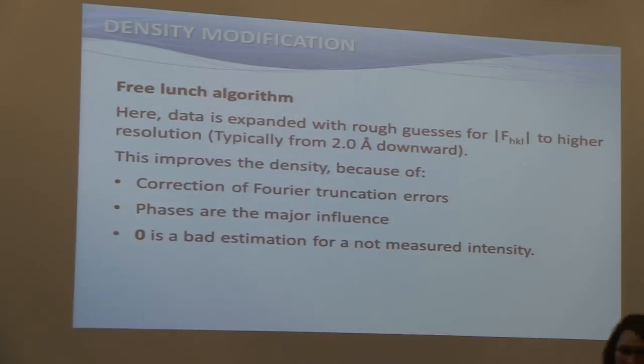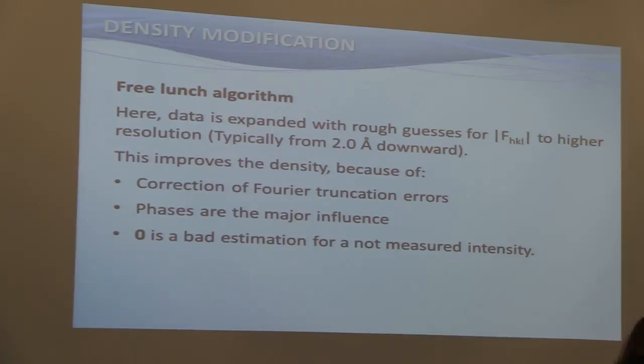Now, why would that work? One good answer is 0 is a bad estimate for something you haven't measured. At least the guessed values fulfill statistically the needs. Also, there's Fourier ripples, do you remember? So Fourier truncation effects get minimized if you don't have a sharp edge.